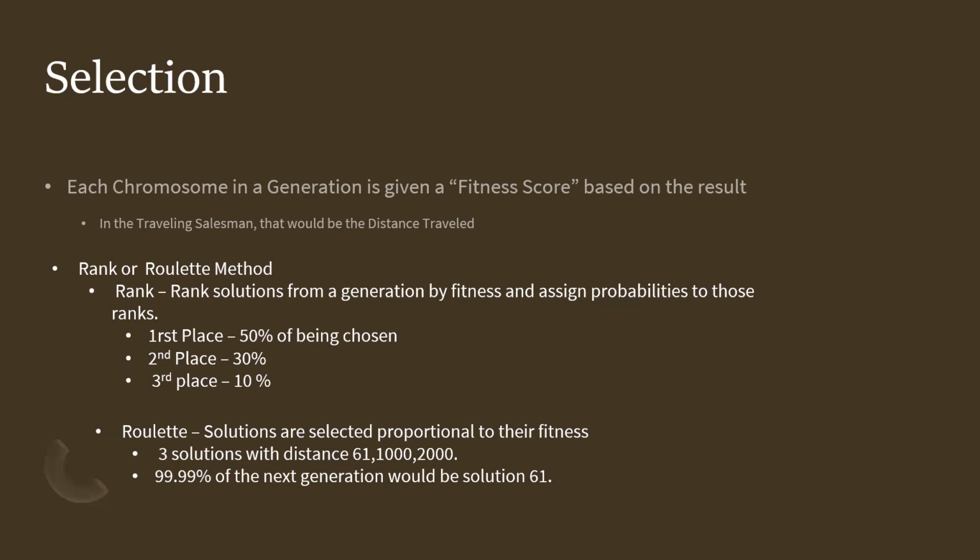You would have a lot of the same solution, which would not be good for your variability. You would not be able to search well. So those are some negatives for roulette. The two methods are rank and roulette.